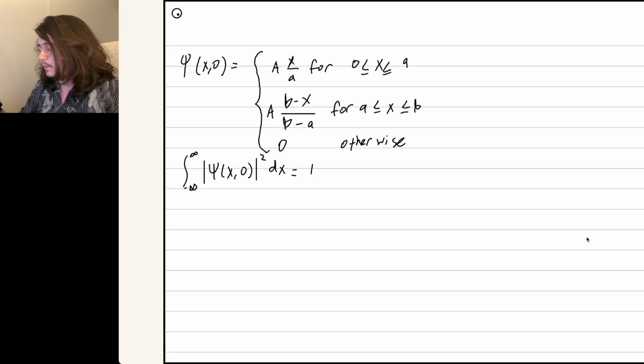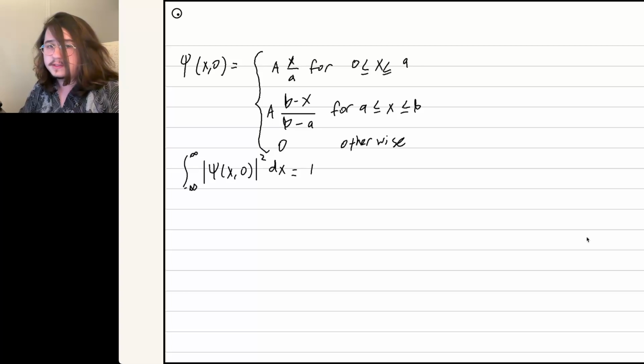We have a wave function defined over various intervals, with some normalization constant capital A: A times x over a for x from 0 to a, and then A times (b minus x) over (b minus a) for a to b.